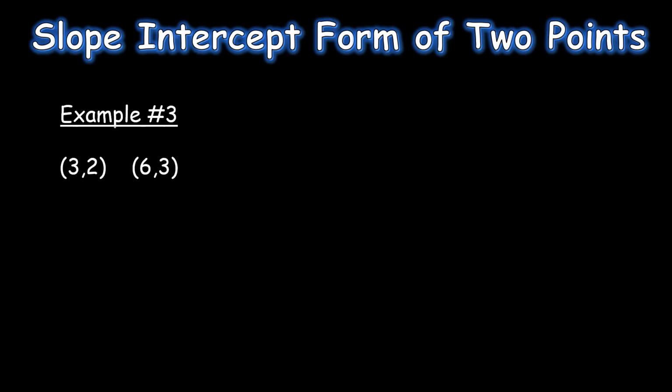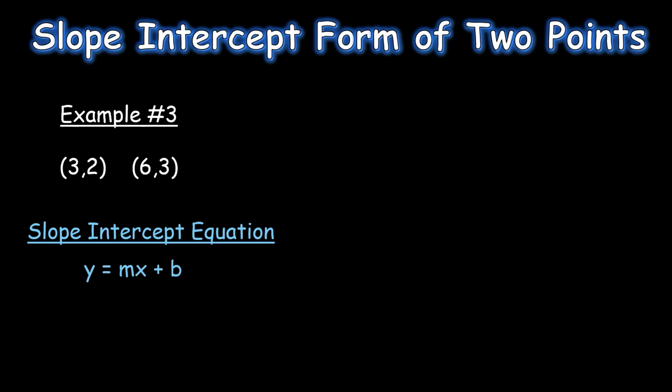Okay, so we have our slope-intercept equation. It's going to be y equals mx plus b. We have to figure out our slope first, which is m. So m equals y2 minus y1 over x2 minus x1.